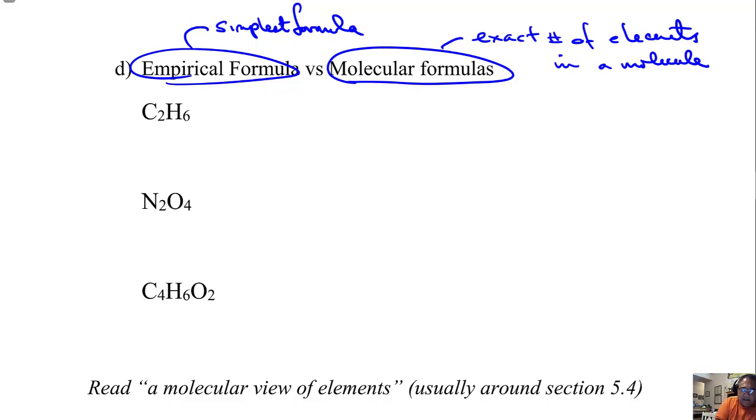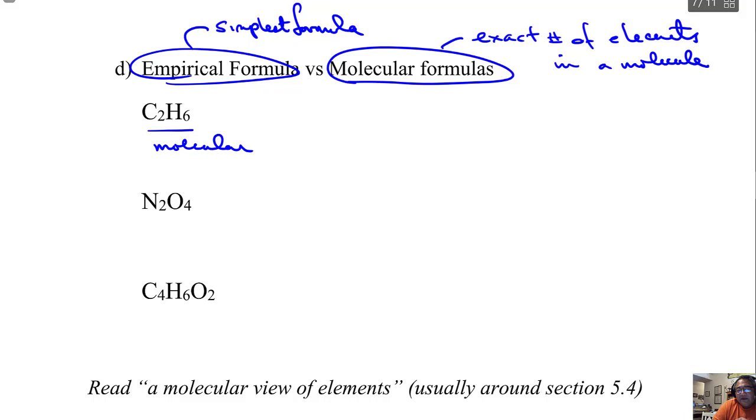So if you look at this formula, I want you to decide: is that an empirical formula or a molecular formula? I'll give you just a second to think about it. It's got 2 and 6, so those are both divisible by 2. So this is molecular.